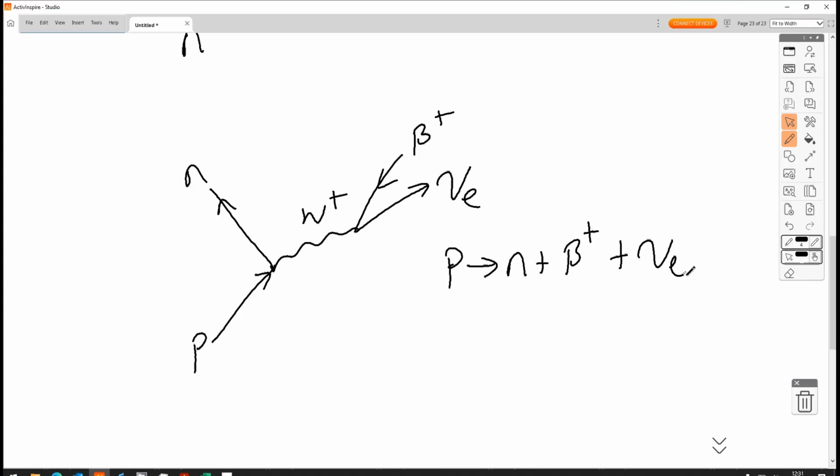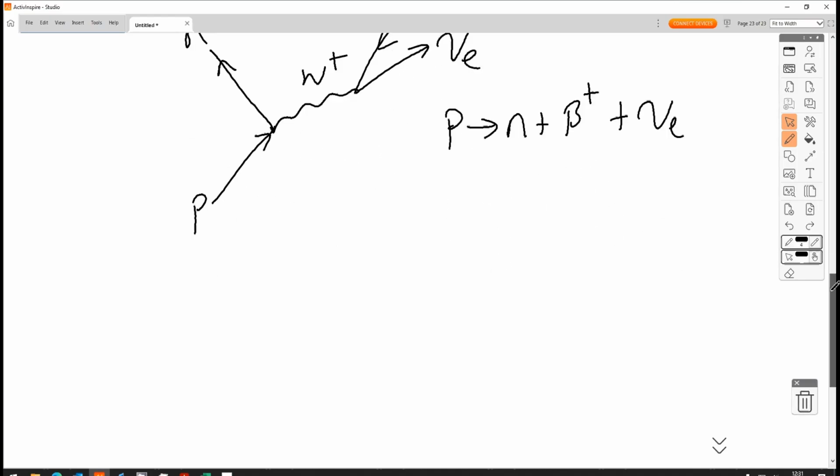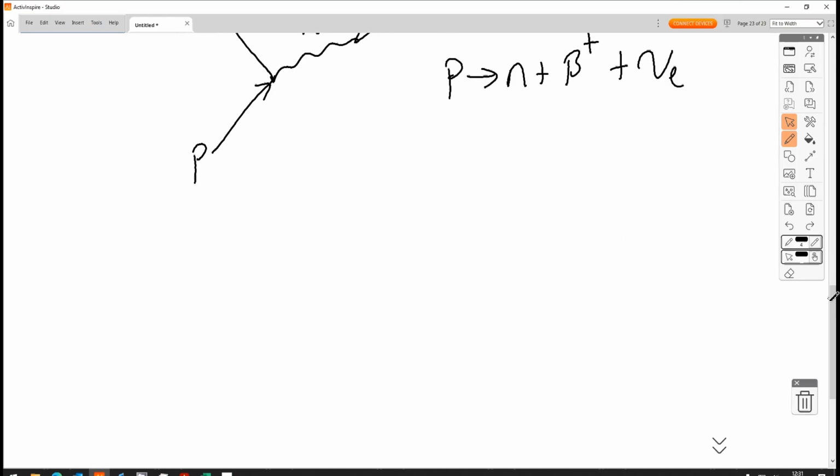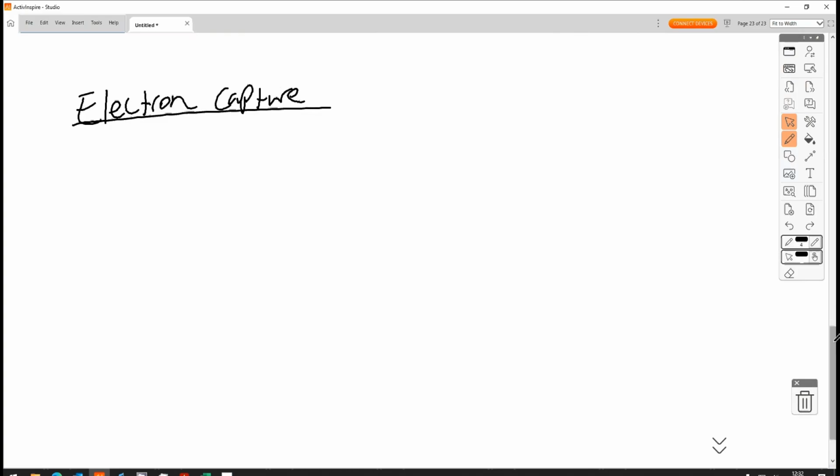And then lastly, we're going to do electron capture. And then we'll end the lesson. So with an electron capture, in the beginning we've got a proton and we've got an electron. The electron gets too close to the proton.